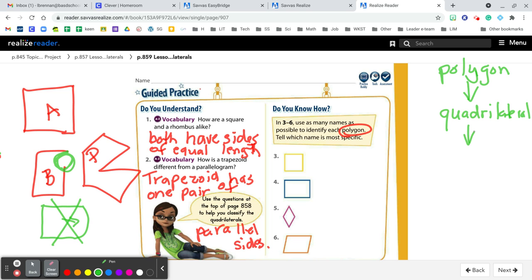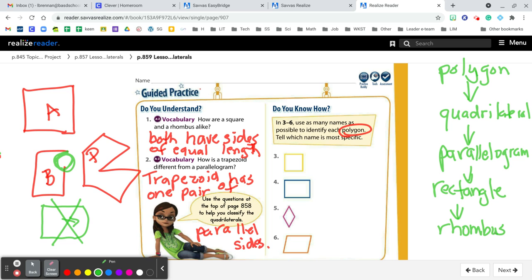We can call it a parallelogram because it has a set of parallel sides. We can call it a rectangle. We can call it a rhombus. And most specifically, we can call it a square. And that's all for number 3. How do you like that?